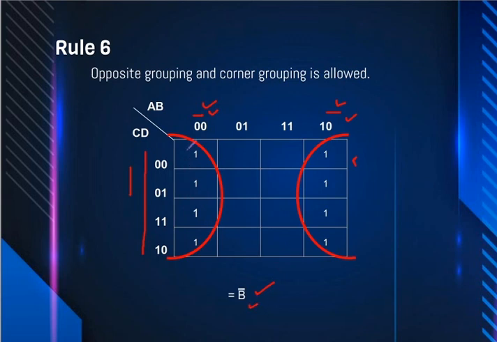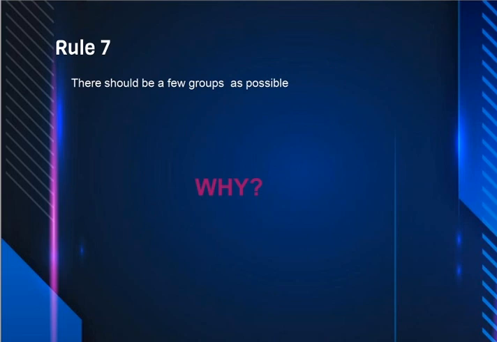Instead of that, if we take groups of 4 and 4 or 2 and 2, there will be more equations and the final equation will be lengthy. So by using opposite grouping and corner grouping, we can make the equation simpler and smaller. So what is the final rule? There should be as few groups as possible.